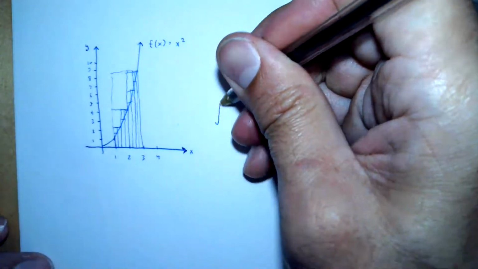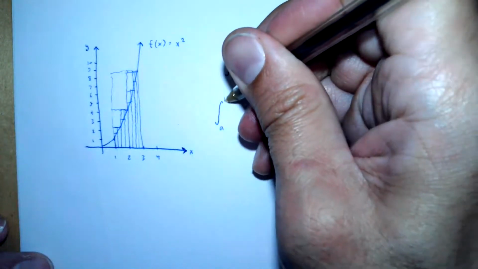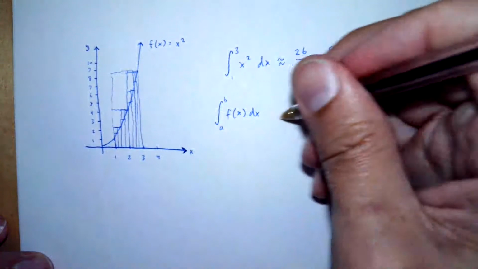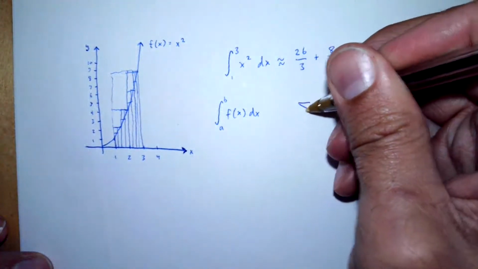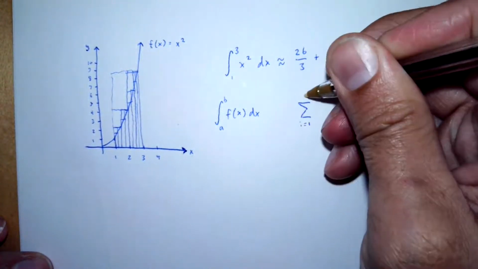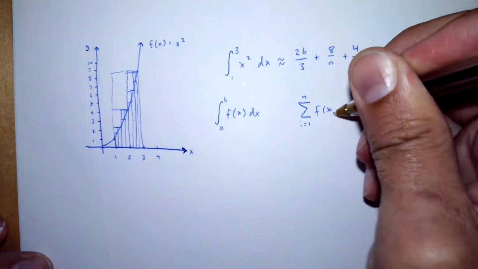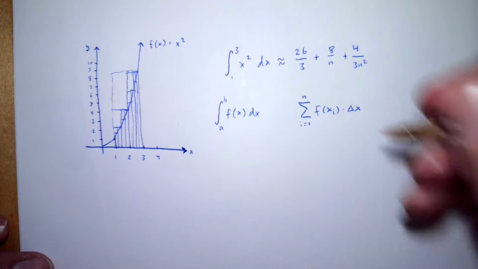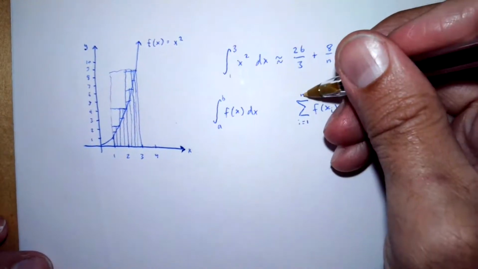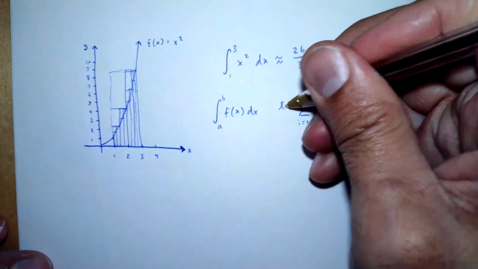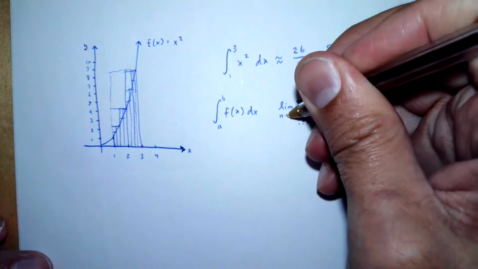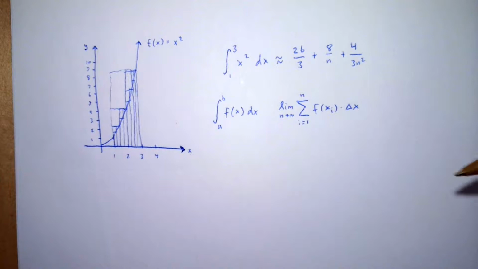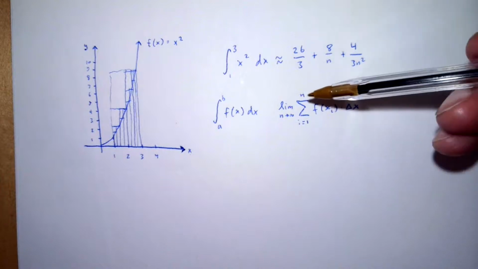So what we would like to do is take our definite integral and calculate our Riemann sum, which looks like this. But we would like to make the number of rectangles, remember n is the number of rectangles, go out to infinity. So we're going to take the limit of our Riemann sum and push the number of rectangles all the way out to infinity.